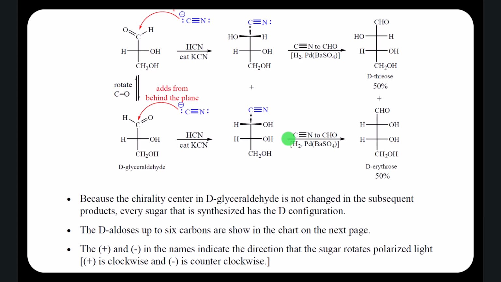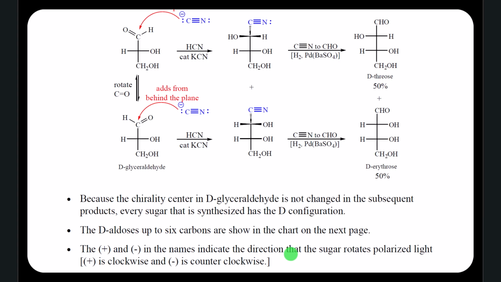This shows all of the D aldoses up to 6 carbons that were synthesized and characterized by Fisher using this method. I should point out that the plus and the minus in the names indicate the direction that the sugar rotates polarized light.